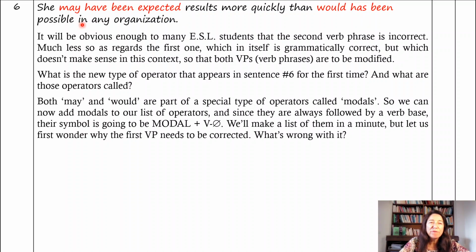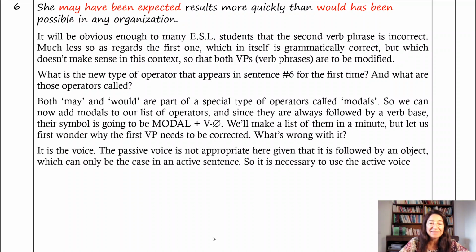How about the other one? Well, the other verb form looks correct, but then when we read the sentence, does it make sense? And that's the second part of the work that we have to do with verb forms. First of all, check the verb form itself, and then check that it fits in that context, that it makes sense in the context in which it appears.